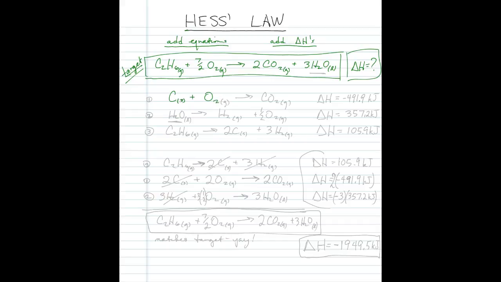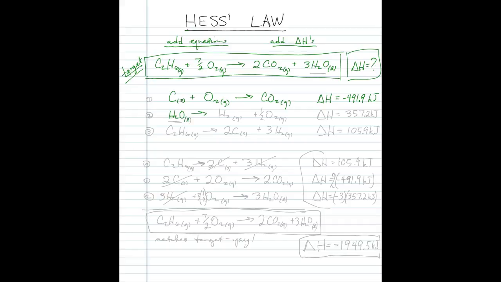If we make carbon dioxide out of its elements, carbon and oxygen, we happen to know the heat of that. The delta H for this is negative 491.9 kilojoules. Now, we also know another one.